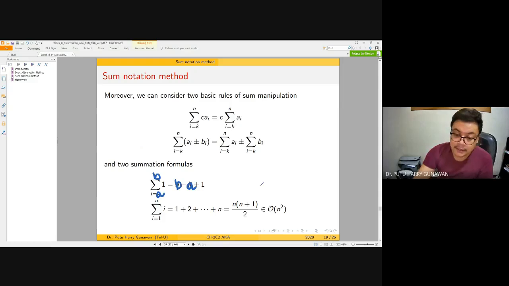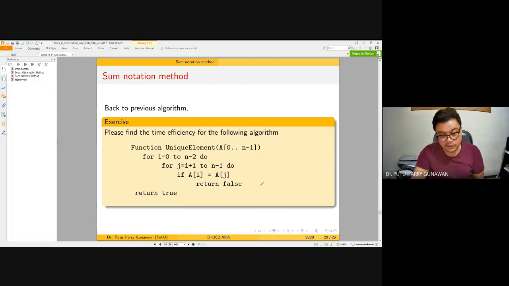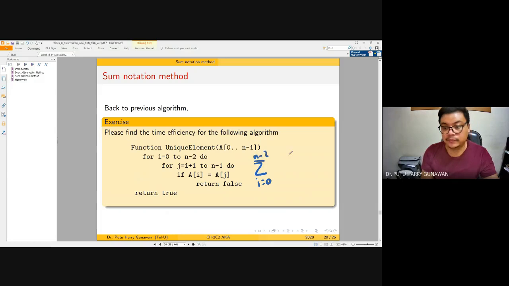Okay, so then we go back to the previous algorithm. We now work from the outside of the loop. Looking at the outside loop, it is i equals 0 to n minus 2, so we write the sum of i equal to 0 to n minus 2.